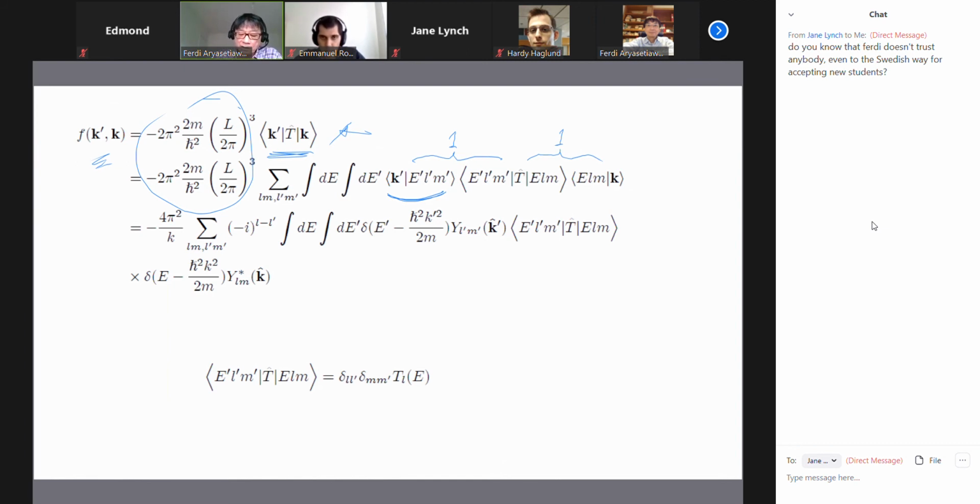And then we just use our expression for these two states expressed in the momentum representation. So we get this rather tedious expression here.